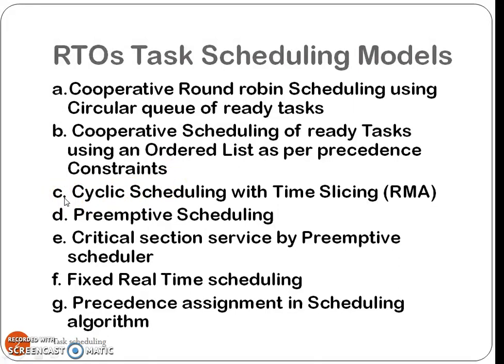Next is cyclic scheduling with time slicing. It is also called as rate monotonic analysis, where you are identifying the critical task and you are prioritizing the task and then you are allocating the CPU time.